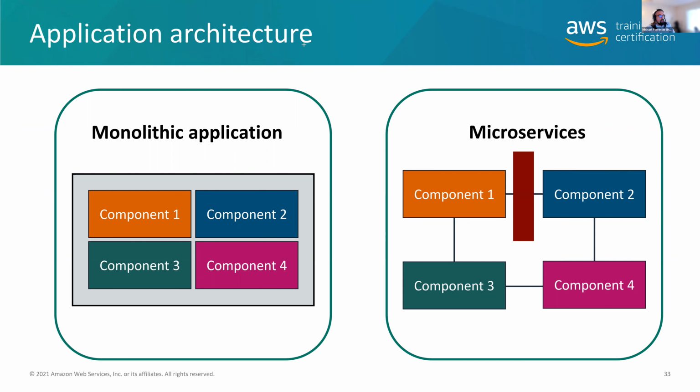So let's say for component two, you didn't want to overwhelm it. You could put a buffer in between them so that this buffer could hold all the communications and then component two could go grab them as it had capacity to do so.